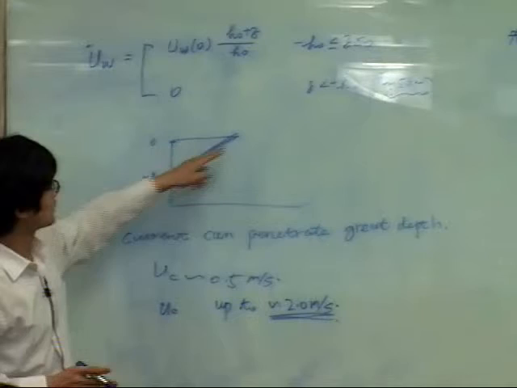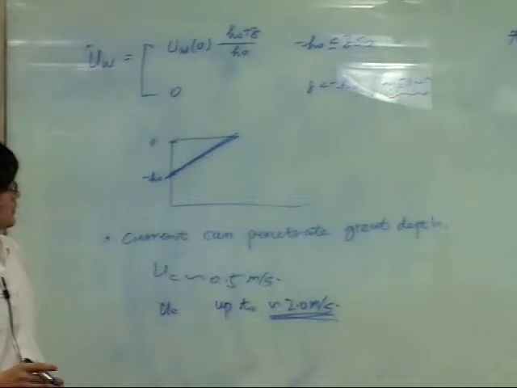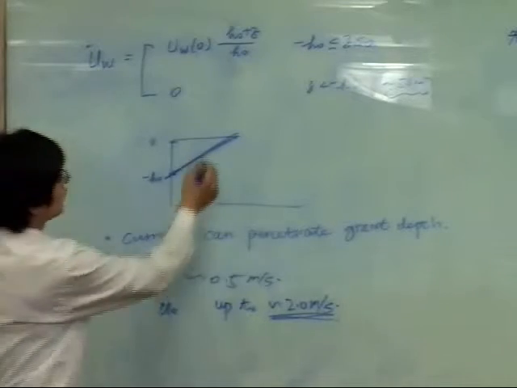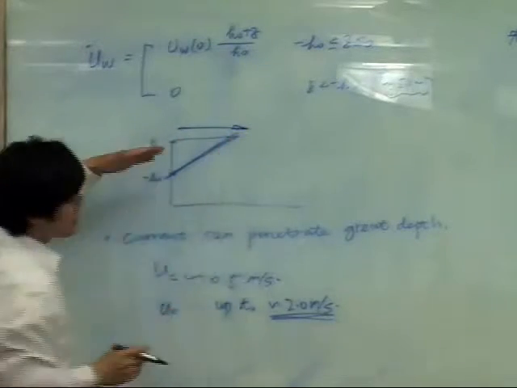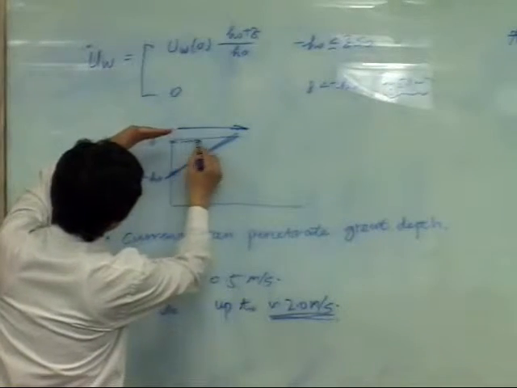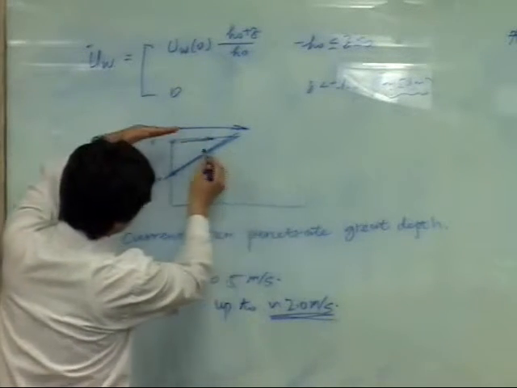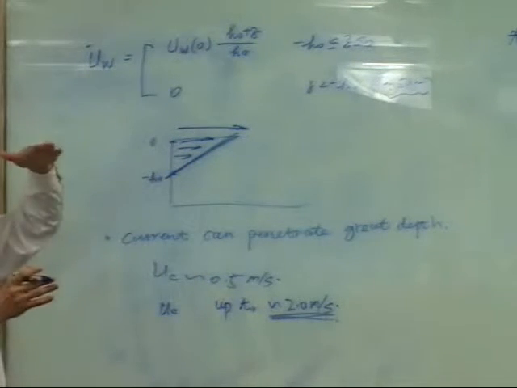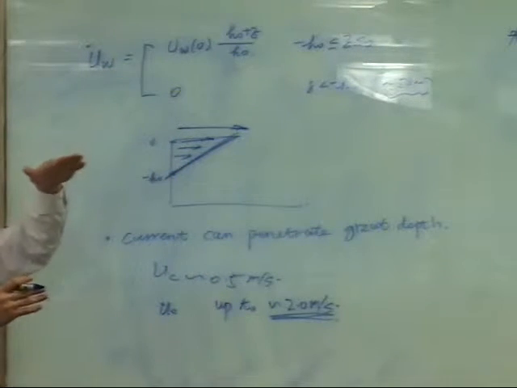So here, this is current due to wind blowing, right? Wind blowing introduces a shear stress on the surface. The shear stress can drive the water this way, right? You can imagine at the surface the velocity is larger.